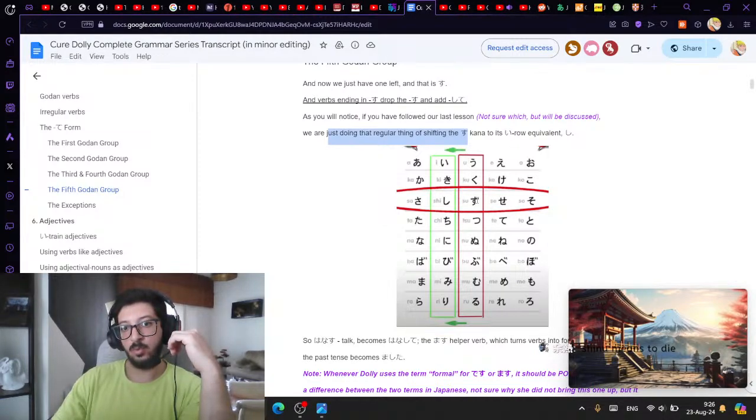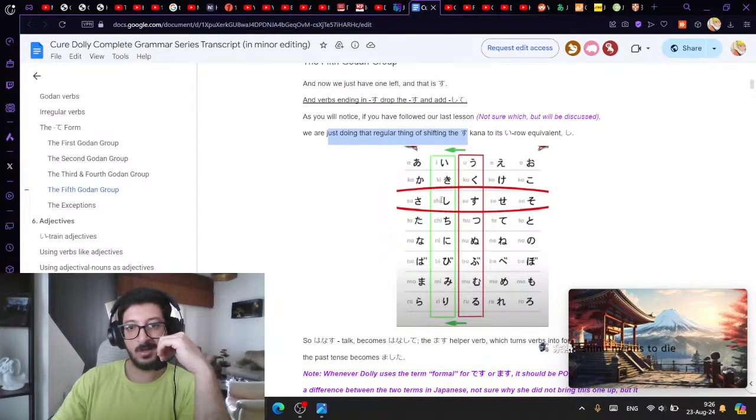So this is the u row: u, ku, su, tsu, with the equivalent in the e row.